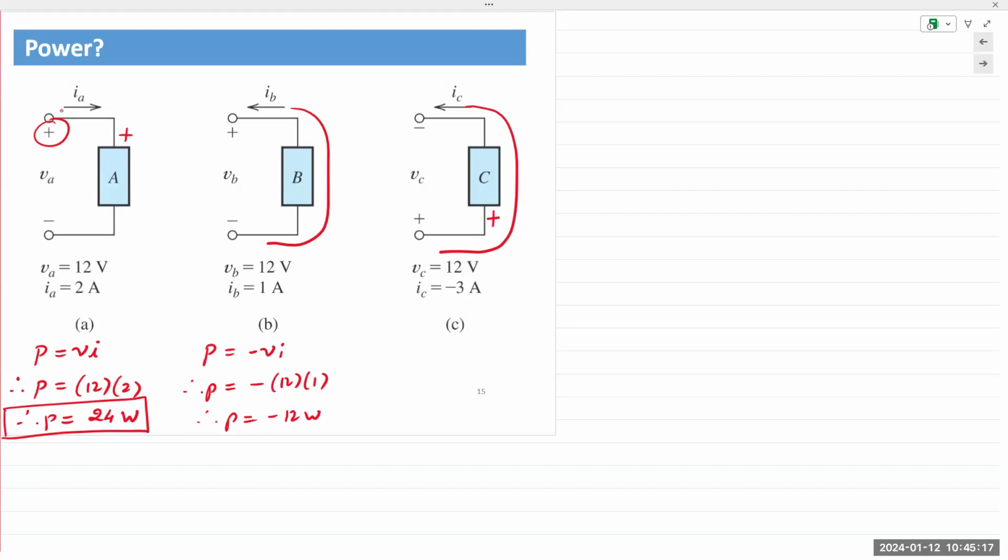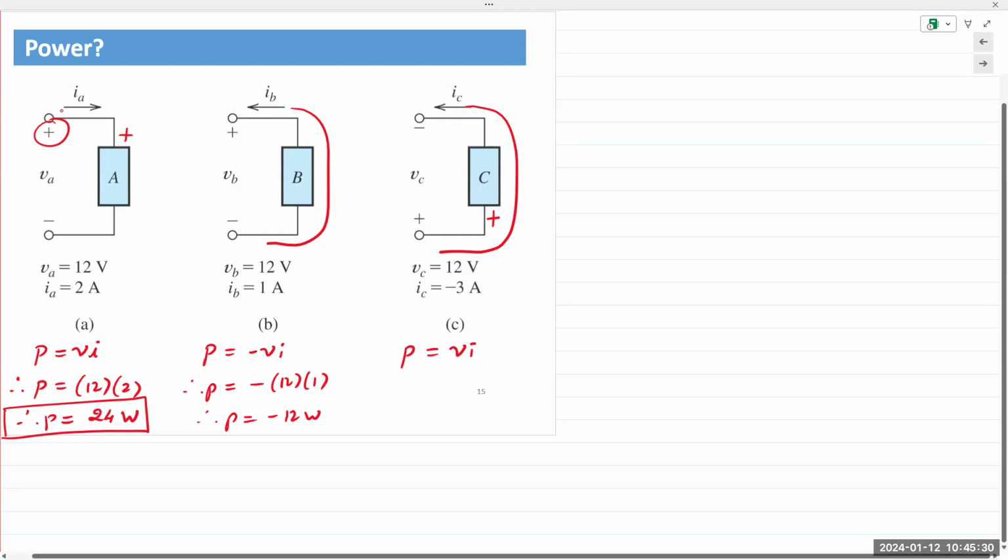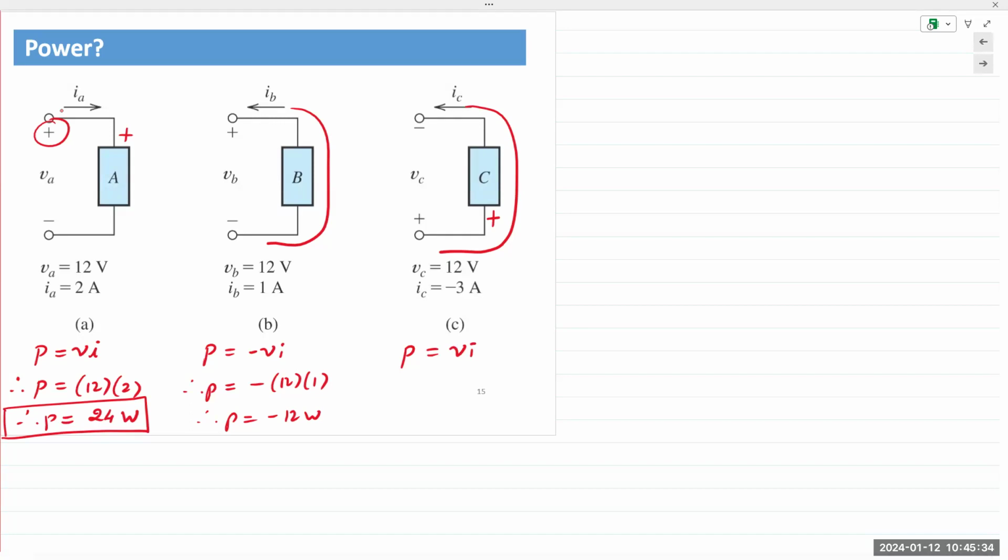How about C? Entering the positive terminal. So we simply use P equals VI. You do not make any changes to the direction or the voltage polarity, otherwise you will end up with the wrong answer. Simply determine which equation to use based on the information that is given to you.